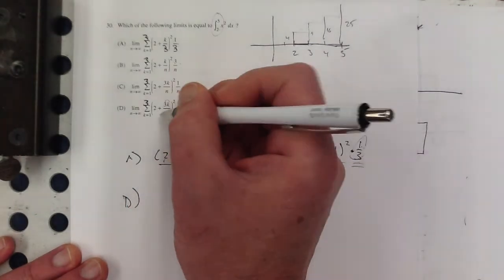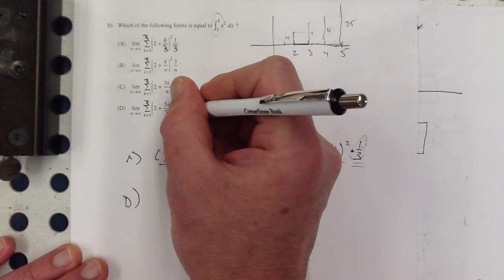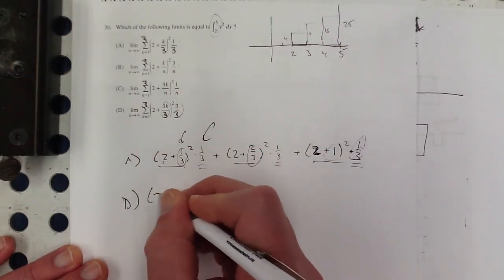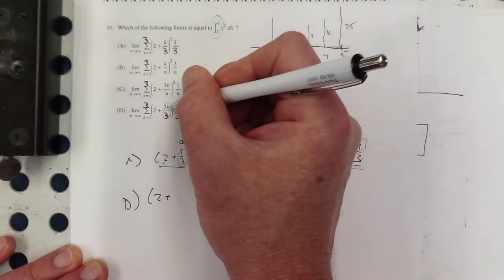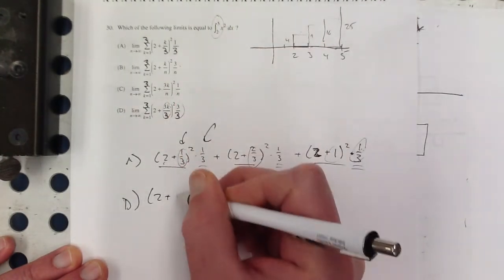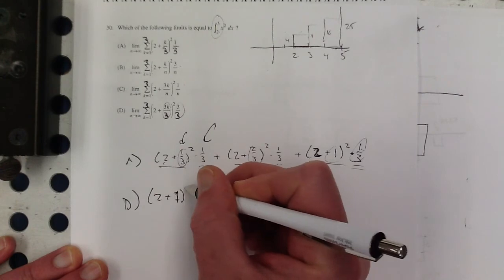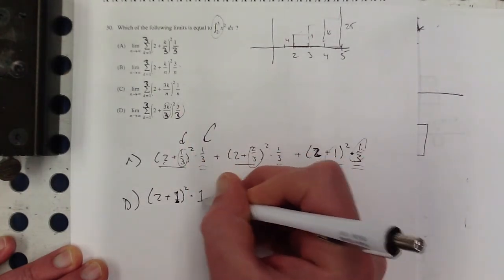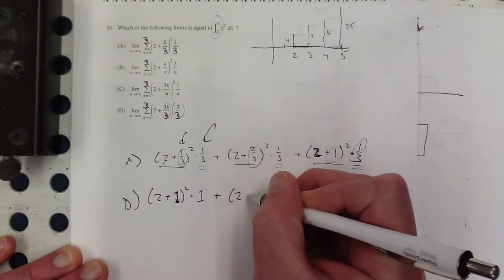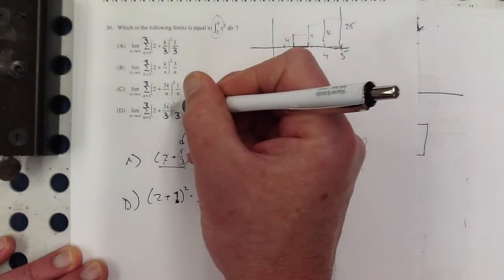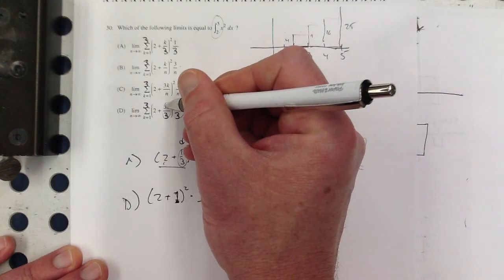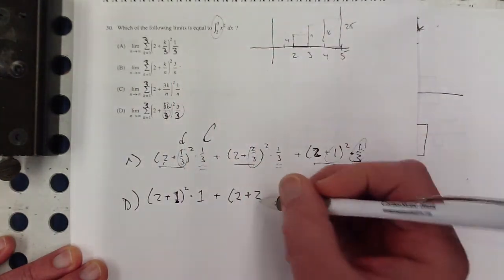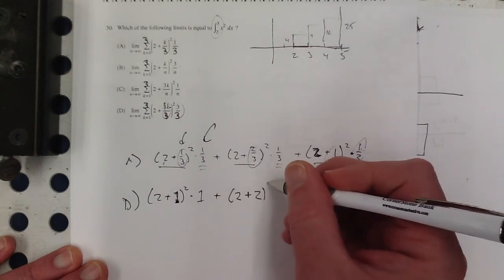If I plug in k equals 1, 2, and 3, remember that n is equal to 3. So then I have 2 plus, when I plug in 1 for k, I get 3 over 3 times 1, plus 2 plus, when I plug in 2 for k, I get 6 over 3. All those just cancel out, right?